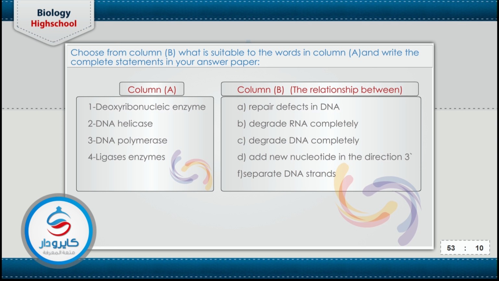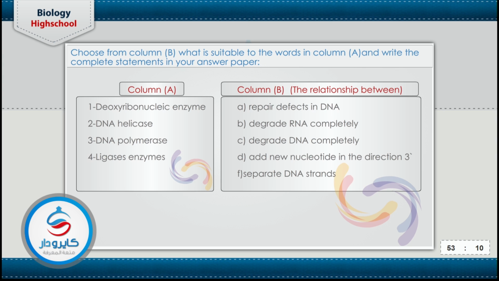Number B, degrades RNA completely. That's not the right answer for column A. But number C, degrades DNA completely. Of course, the deoxyribonuclease enzyme completely hydrolyzes DNA and does not affect RNA.